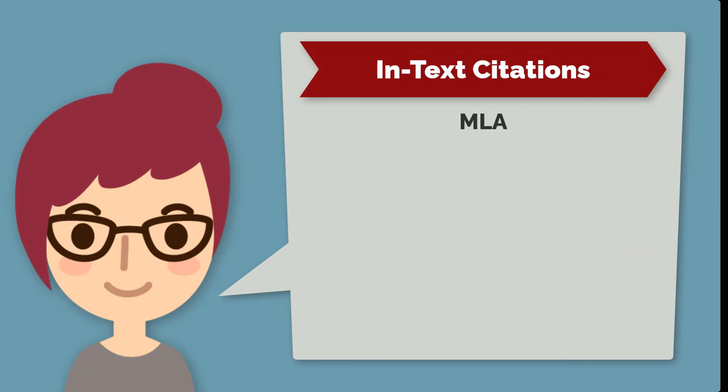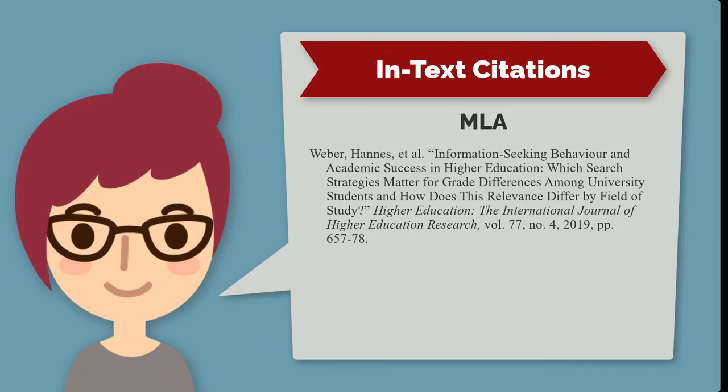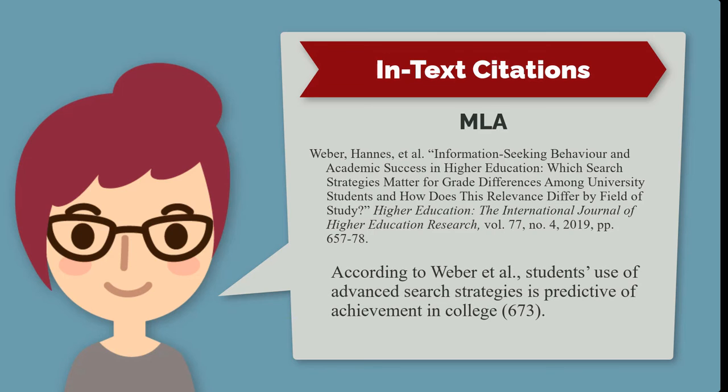Let's consider how in-text citations would look for the same source in MLA. In MLA, if we have three or more authors, we use the last name of the first named author followed by et al. and the page number of the information we are quoting or paraphrasing. So if we introduce the author as part of the sentence, it would look like this.